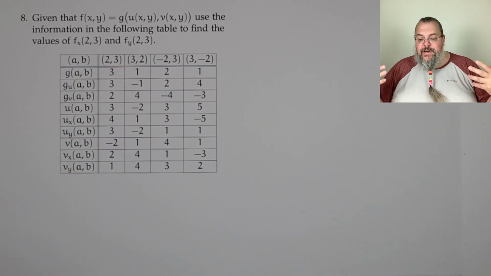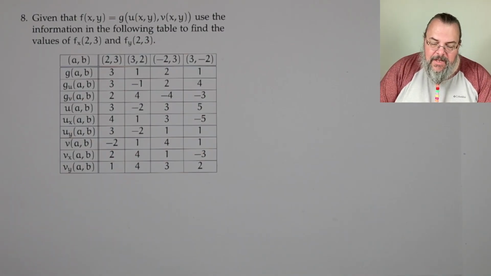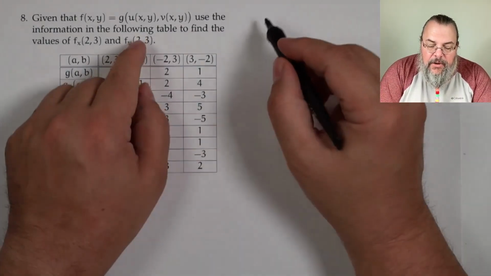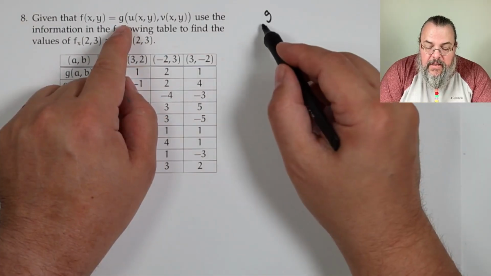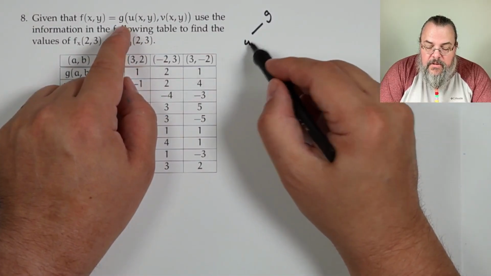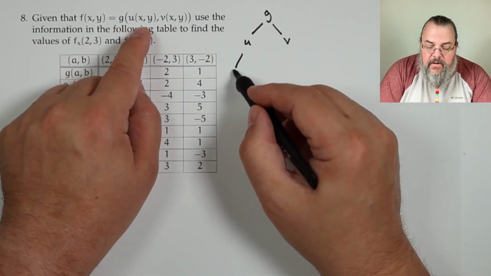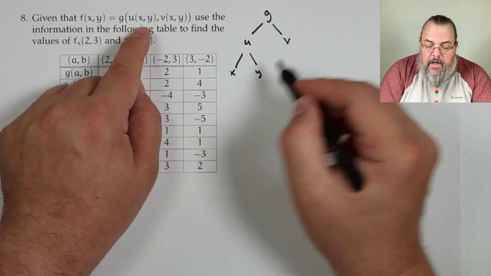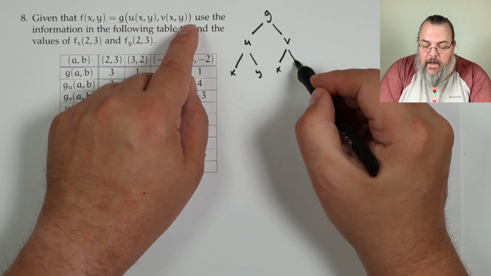Okay, so first off, we begin this problem by drawing a chart. And I'm going to draw how things depend. So I see a g that depends on u and on v. A u depends on x and y, and v depends on x and y.